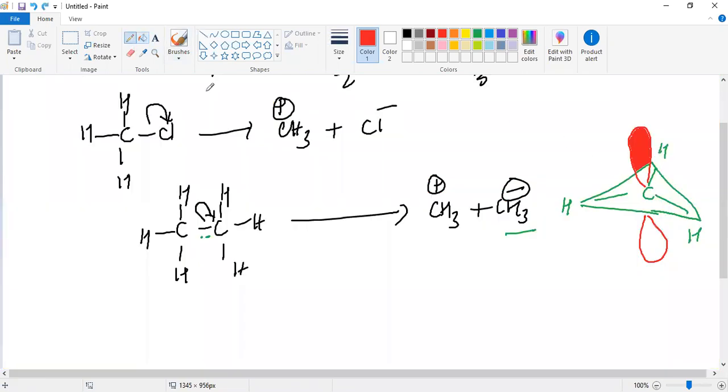Please understand it well that this orbital has got 2 electrons filled into it. So this is how we represent it. And these 2 electrons which are available bring negative charge on this carbanion. This is your carbanion.